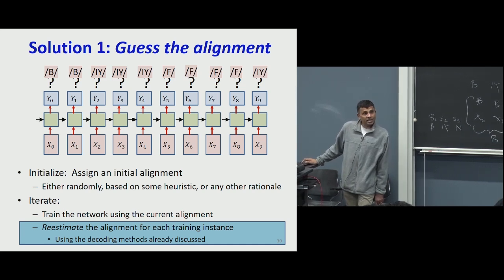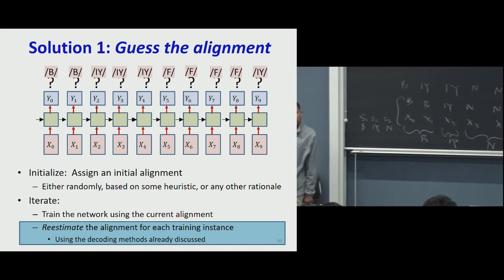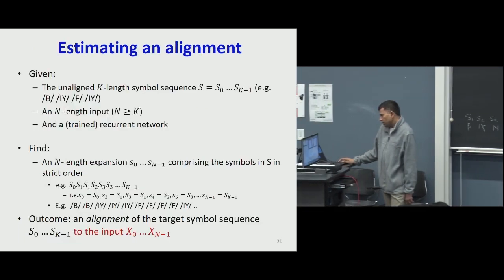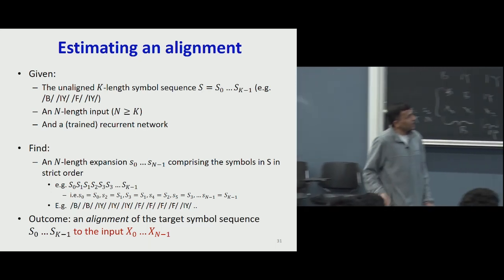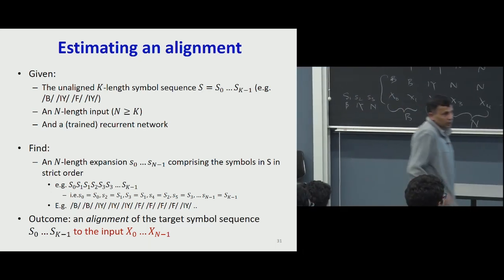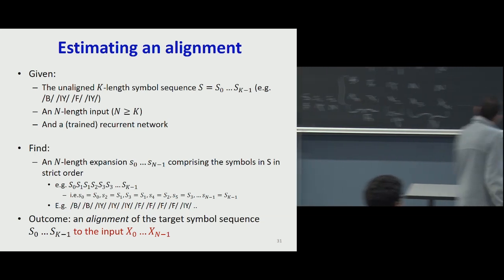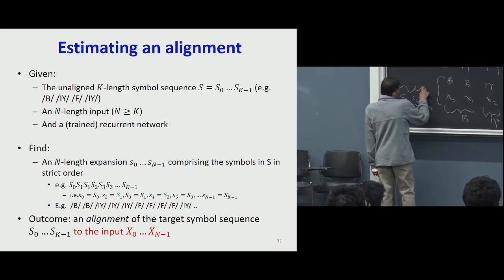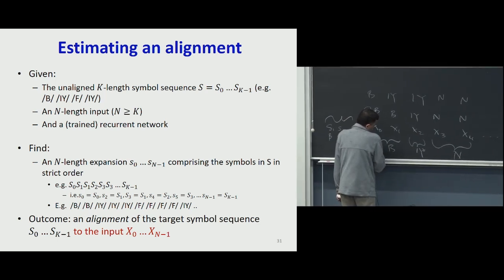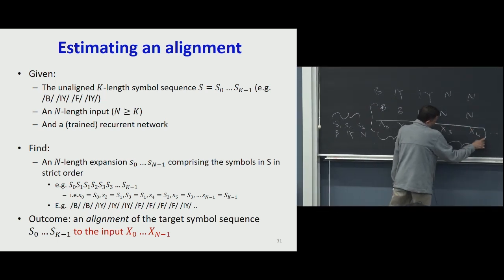How exactly do I re-estimate the alignment given the input symbol sequence? So the problem here is this. You have an unaligned k-length symbol sequence, S0 through S(k-1). You have an input of some length n, which is these guys, right?